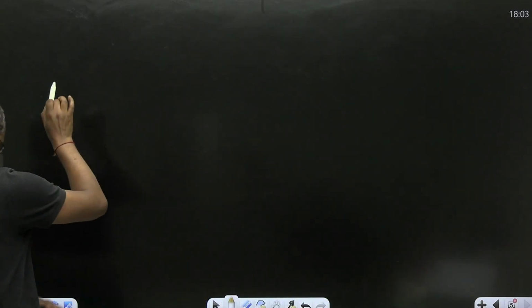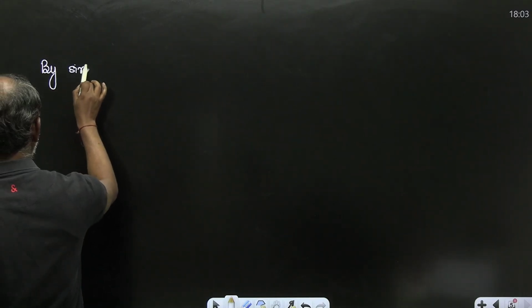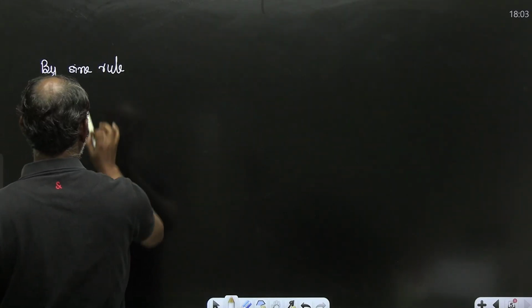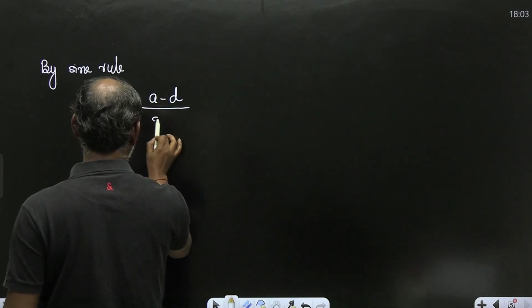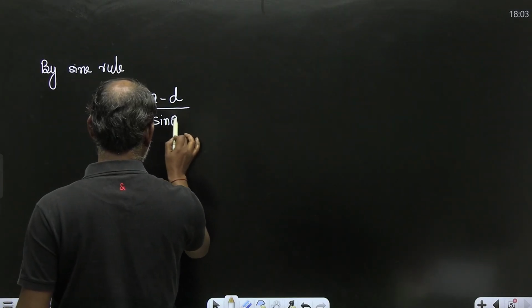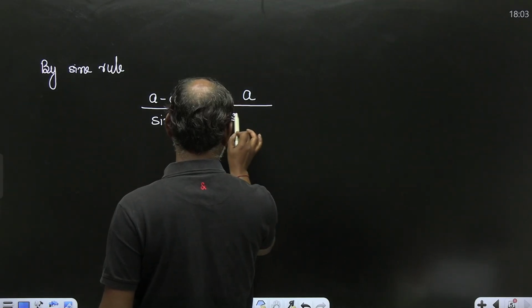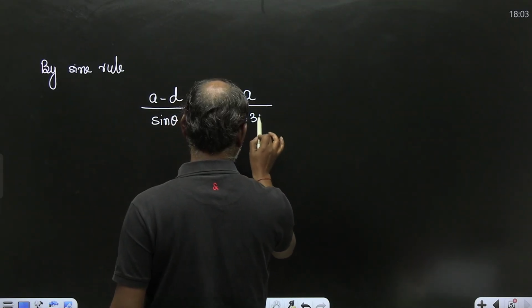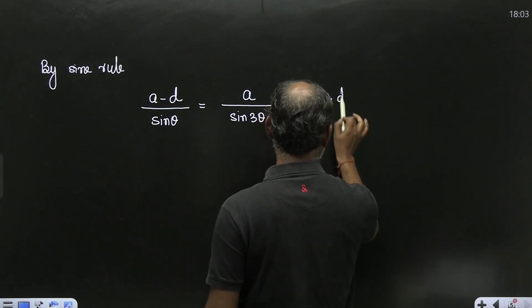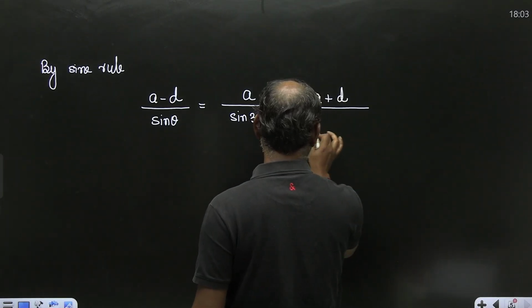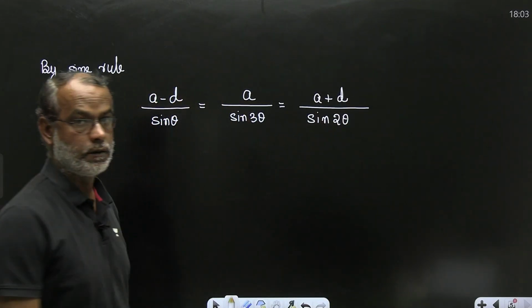By sine rule, A minus D by sine theta is A upon sine 2 theta.